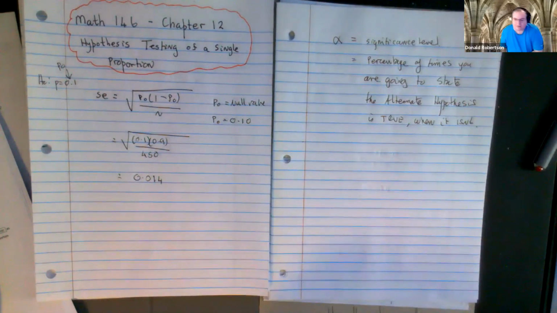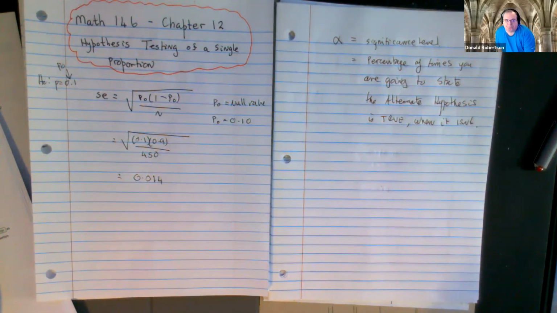So basically, alpha is what percentage of the time are you willing to be wrong in a hypothesis test?